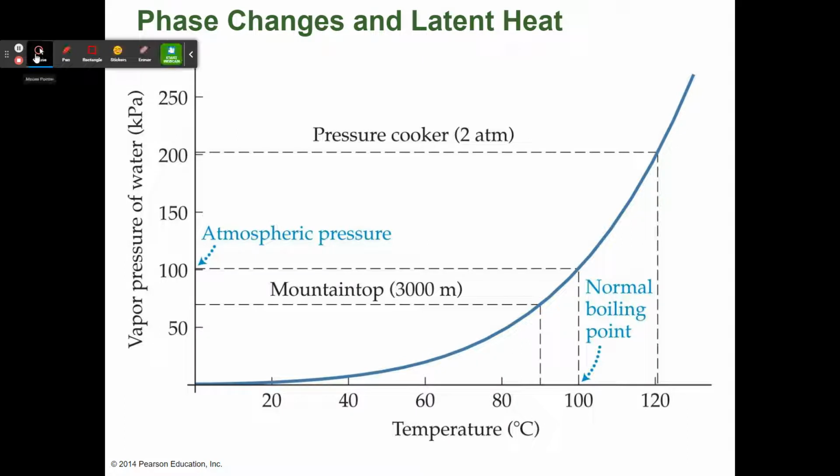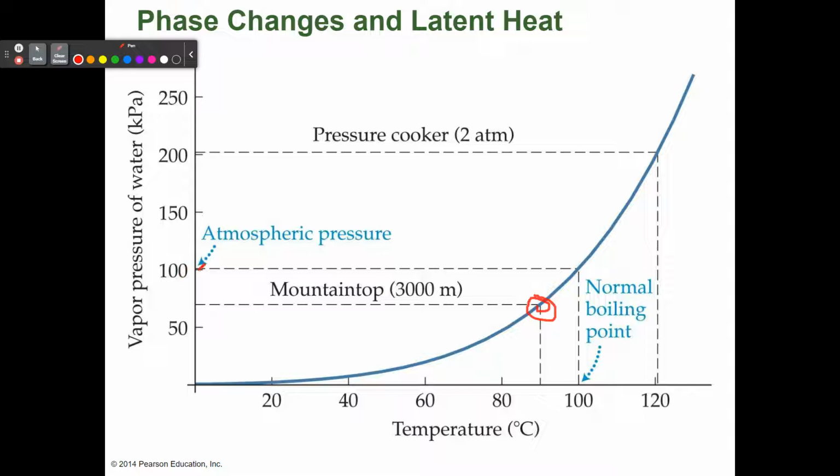So if we look, here's our diagram. Here's our vapor pressure of water. At 55 kilopascals, the normal boiling point is going to be less than 100. The normal boiling point, that's your equilibrium vapor pressure right there.